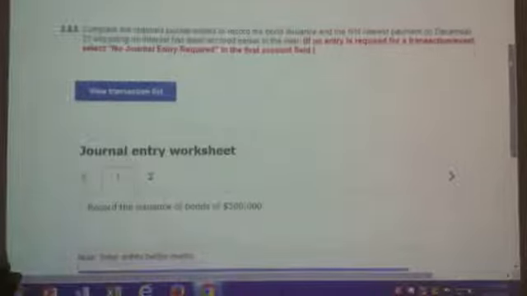Question 2 asks us to complete the required journal entries to record the bond issuance and the first interest payment on December 31st, assuming no interest has been accrued earlier in the year. The bonds were issued on January 1st, so this will be a full year.